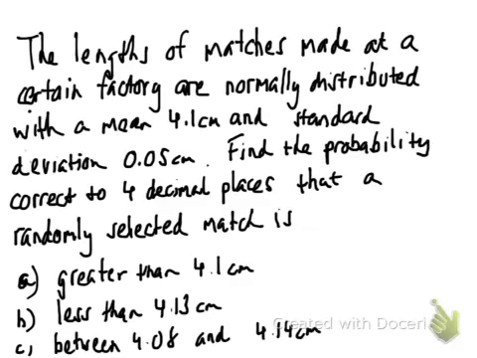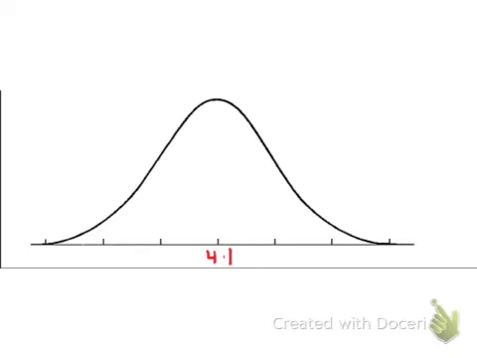In question 1 we're asked the probability that it's greater than 4.1, so I'm going to mark a dotted line down the middle. Close enough. Okay, so that's 4.1.